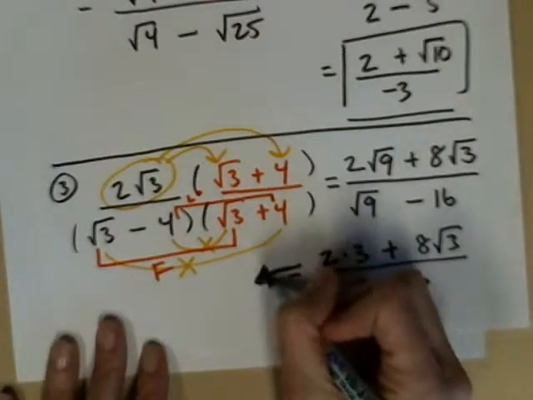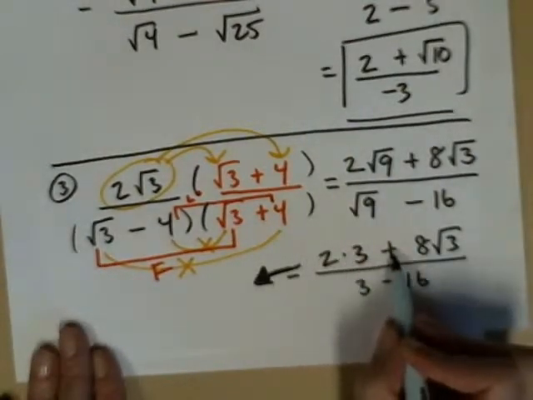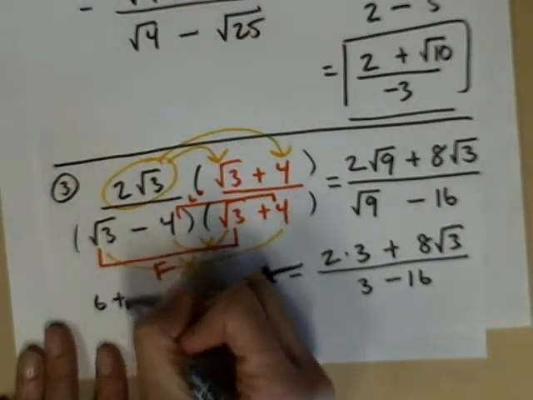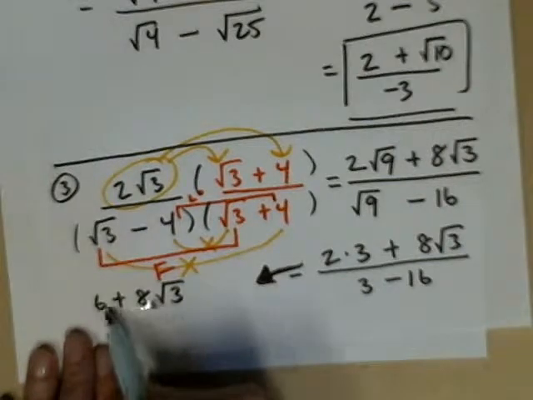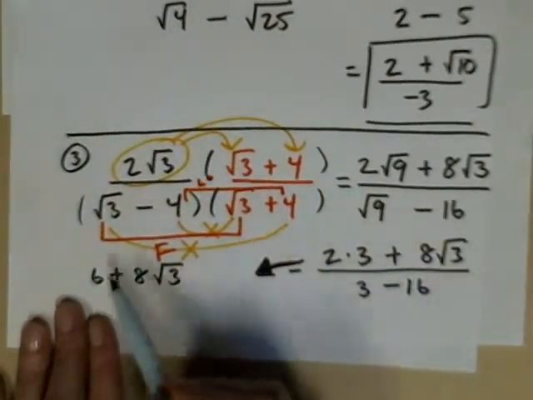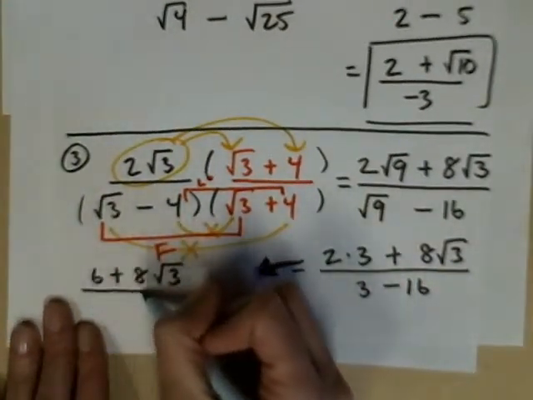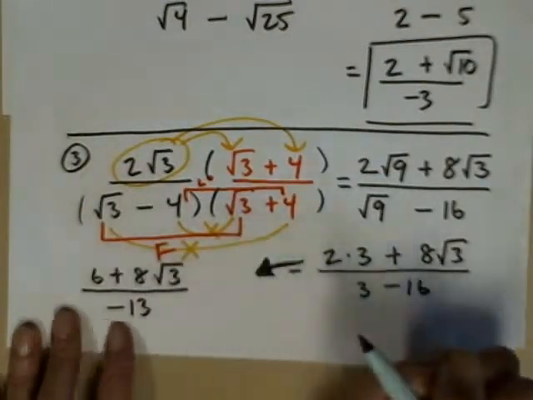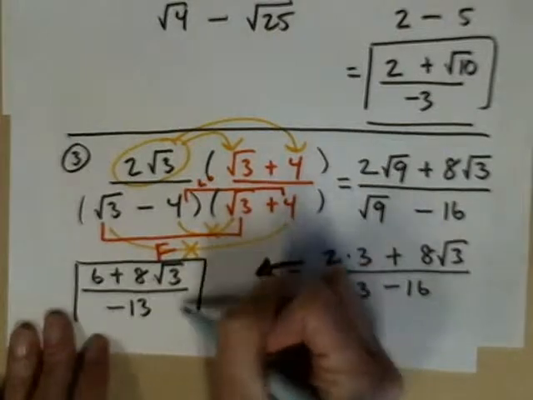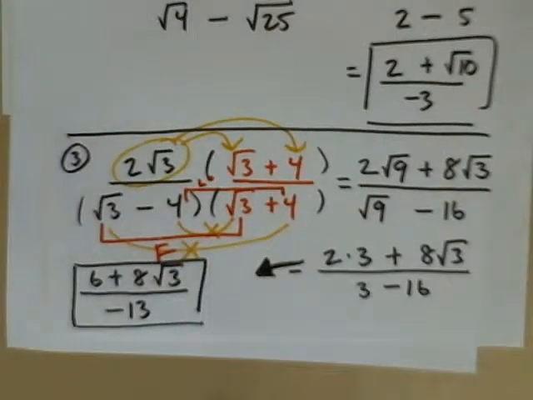So my answer then, let's see, that's a 6 plus 8, 6 plus 8 radical 3. I can't combine the 6 and the 8 because the 6 doesn't have a radical with it. In the denominator, 3 minus 16 is negative 13. Put a box around that because that is my answer.